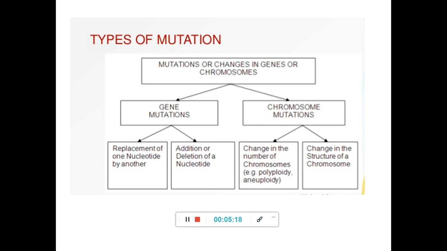It's not necessary that you can put a demarcation that they would only have this, because mutation as such is a sudden heritable change, so things could happen vice versa too. Coming to humans, of course, we have both types of mutations, gene mutations as well as chromosomal mutations. And let's go into the details of this.